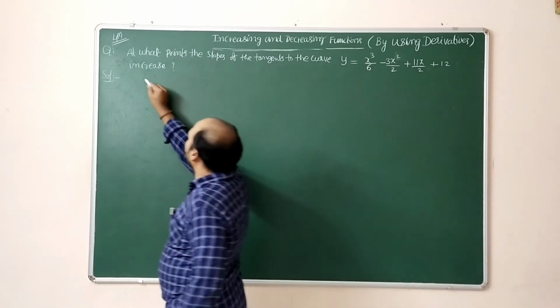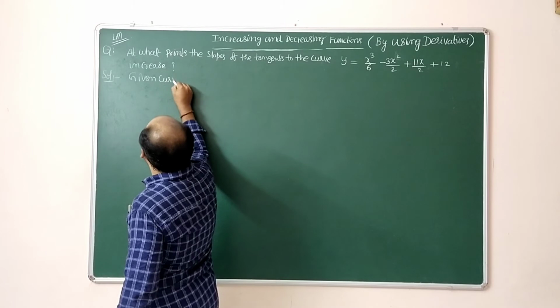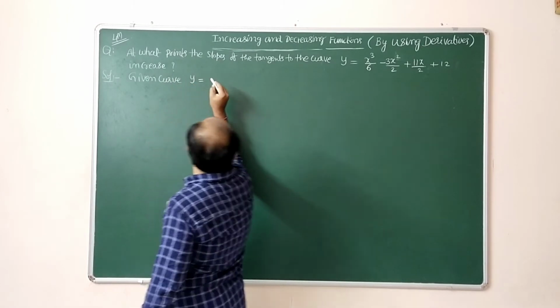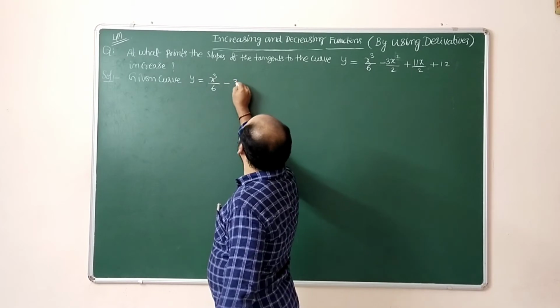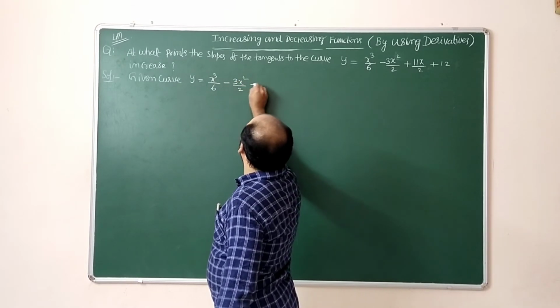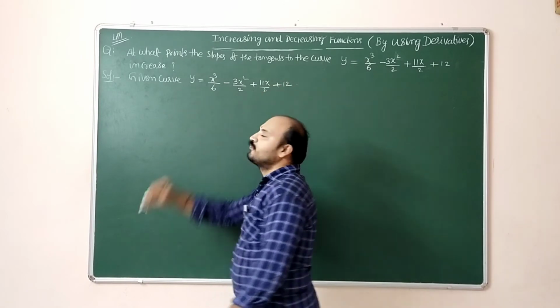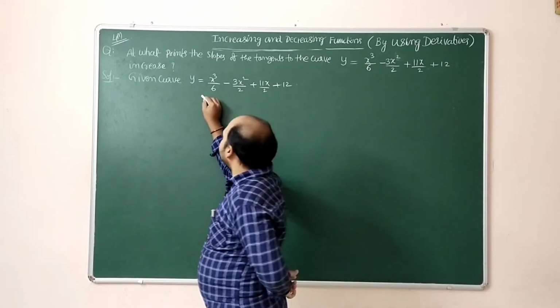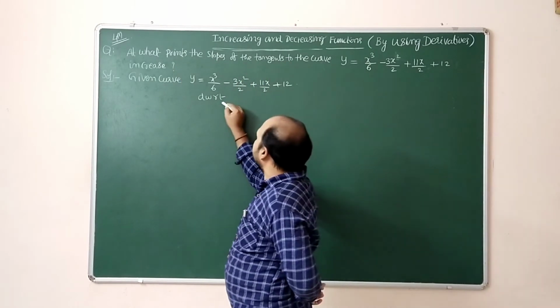So first the given curve: y is equal to x cube by 6 minus 3x square by 2 plus 11x by 2 plus 12. Now differentiate with respect to x to get the slopes of the tangents.